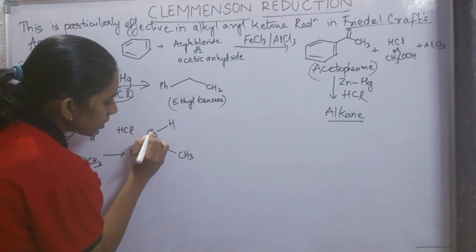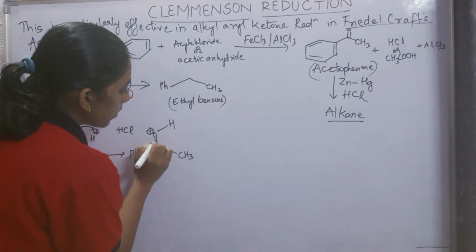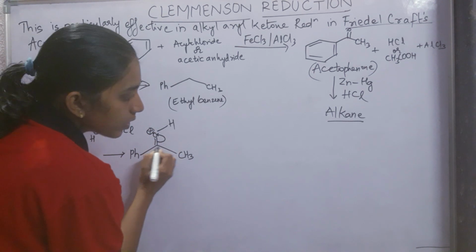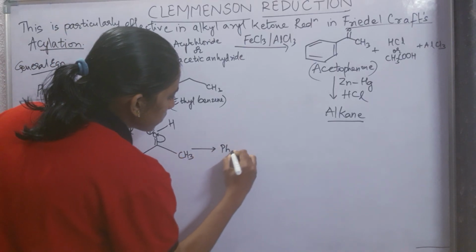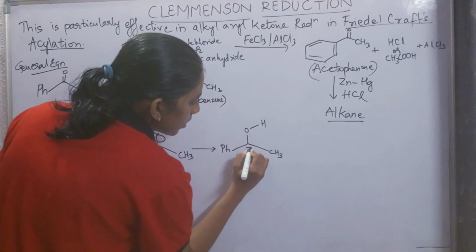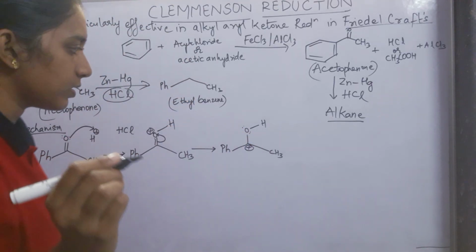Oxygen gets a positive charge because it is forming 3 bonds. Now as oxygen is getting a positive charge, it will take the bond from carbon and this carbon will be positively charged. CH3 OH, carbon here gets a positive charge. Again oxygen will have 2 lone pairs.